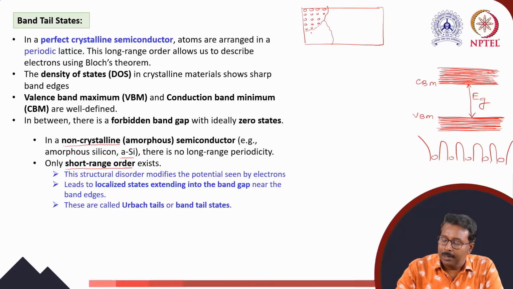But in the nearby region, the atomic array will be in a different direction. So here the array is along this. These are the arrays. But here the orientation of the array direction is different. So these are called grain boundaries. Similarly, there may be more grain boundaries. So these are called grains, and these are the grain boundaries.